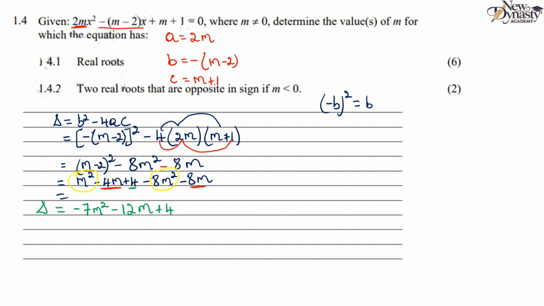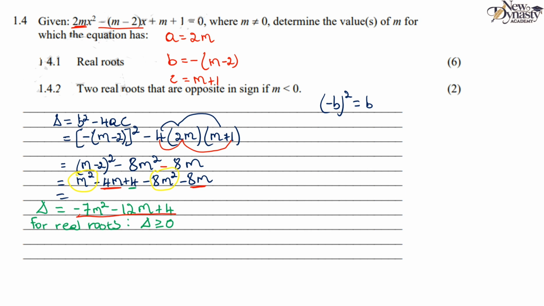Now for real roots, you can simply write this here. You say for real roots, your discriminant is greater or equal to 0. That is very, very important. So our discriminant is this. The whole of this expression here is our discriminant.